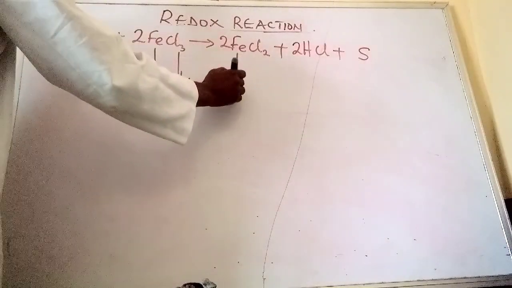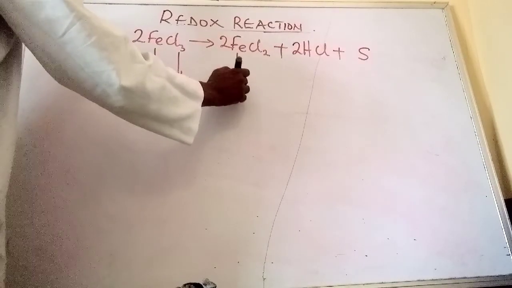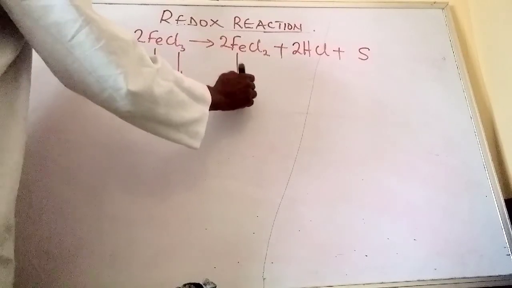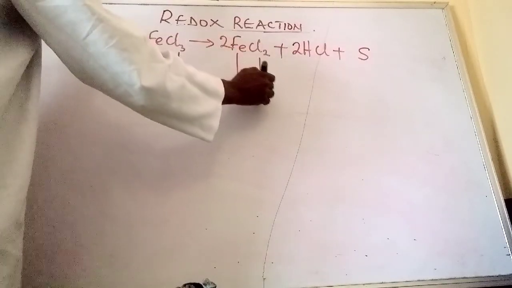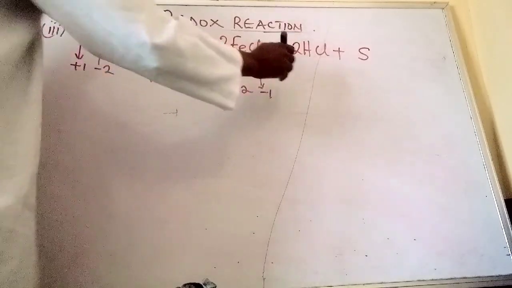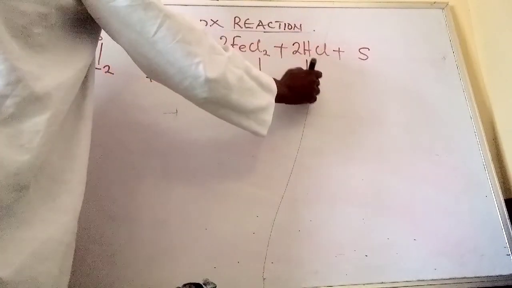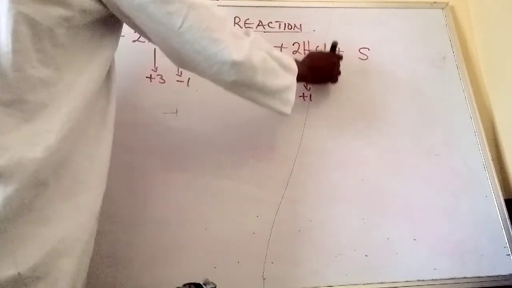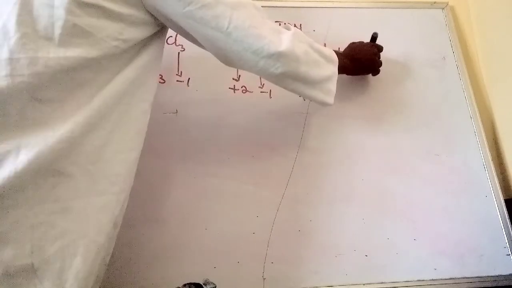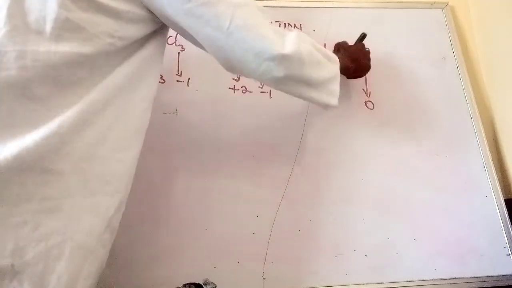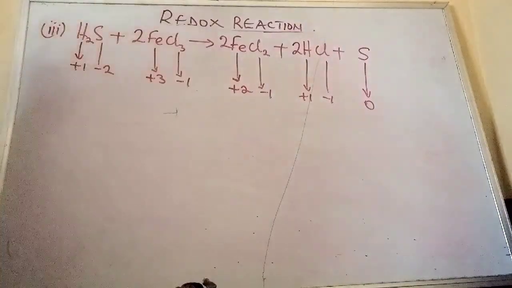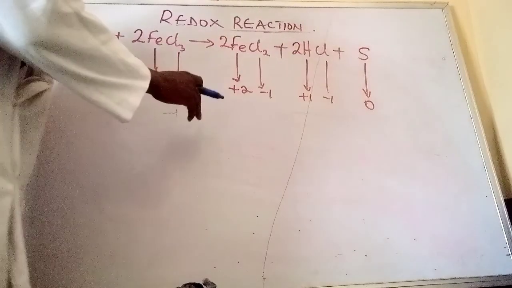Iron, we have +2, chlorine -1. Hydrogen +1, chlorine -1. Sulfur, we have 0 because it's standing alone. So it's an atom standing alone, so it has 0.